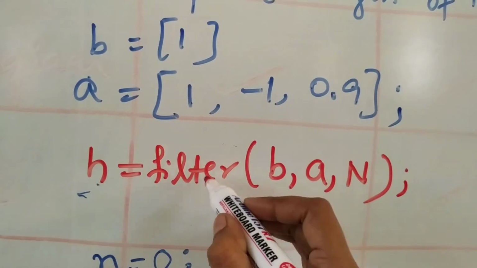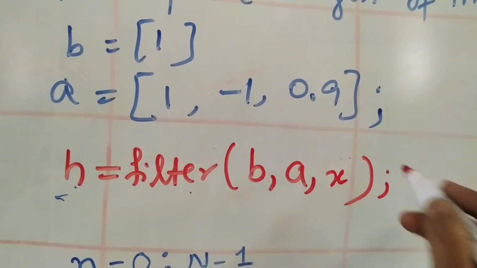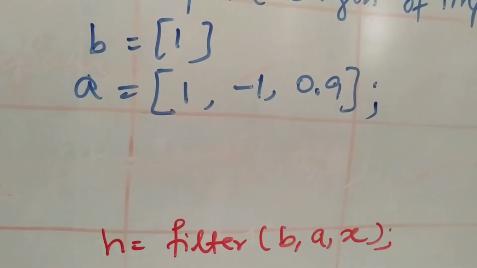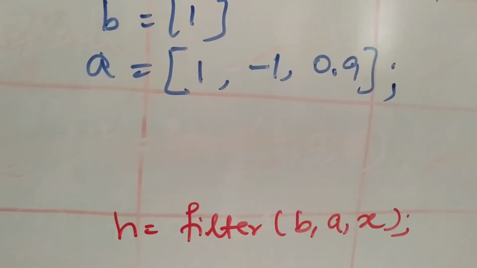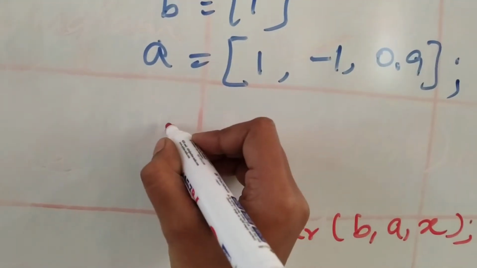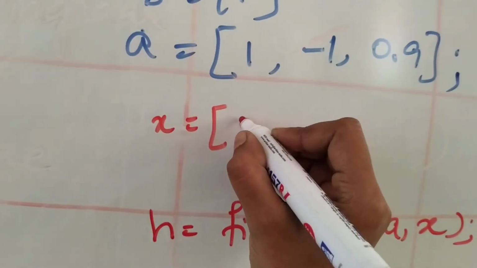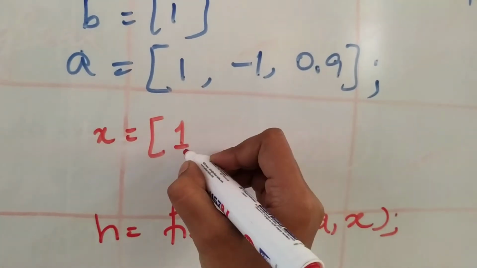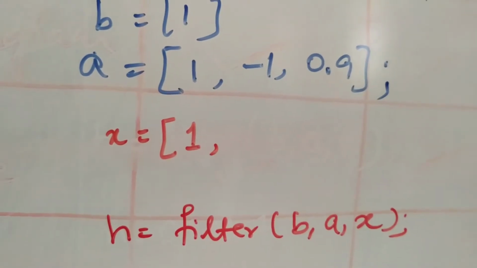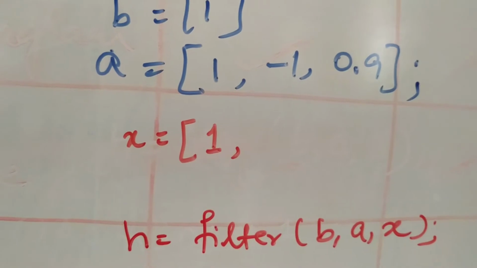H is equal to filter of B comma A comma, instead of capital N we have to write X, where X will be defined as an impulse input. So X will be defined as X of 0, and for the step response it will be equal to 1. So X of 0 is 1, and for the remaining conditions it will be taken as zeros.